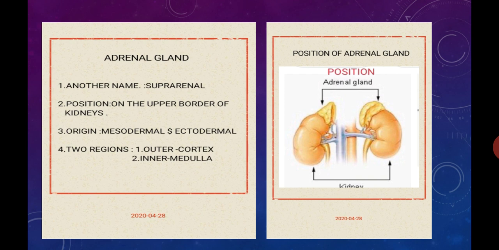It is mesodermal and ectodermal in origin because it is derived from the mesoderm and the ectoderm. In section, it shows two regions. The outer region is called the cortex and the inner region is called the medulla. Students, if you see this diagram, on the top of the kidneys, two glands are located which are nothing but the adrenal glands.